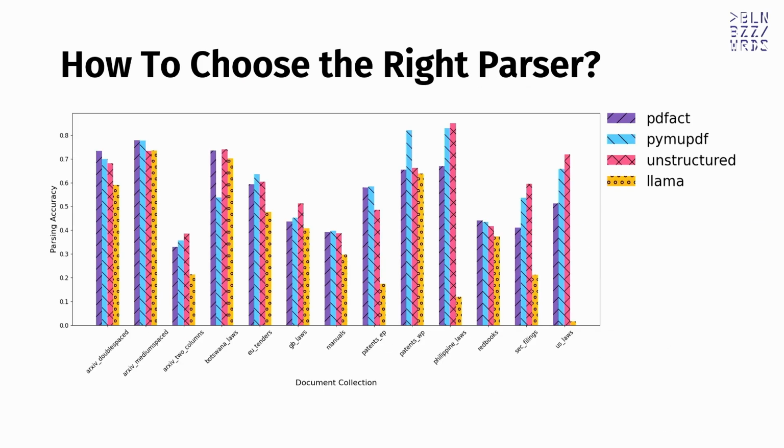And if we go one step deeper, so if we consider a deeper categorization of the documents, we can try to really extract some ground rules that should guide the process of selection. Just some examples. If we are dealing with multi-column documents, you need a layout-aware parser, and it seems that unstructured does the job really well.